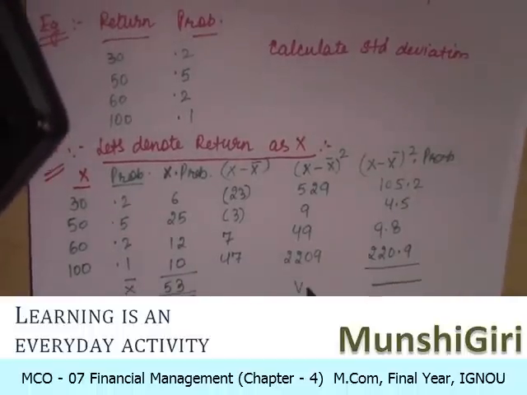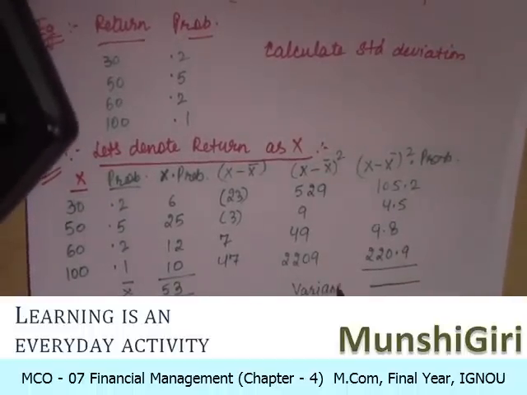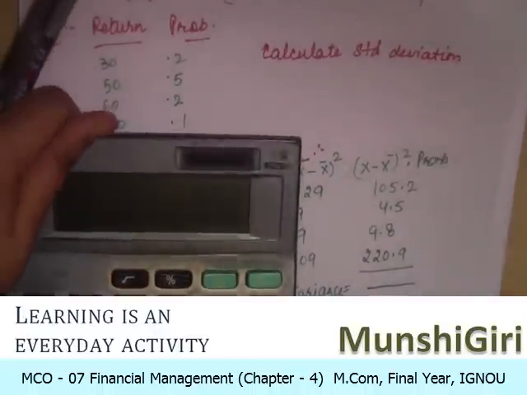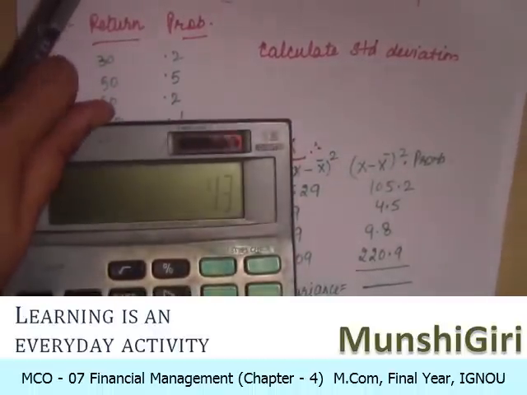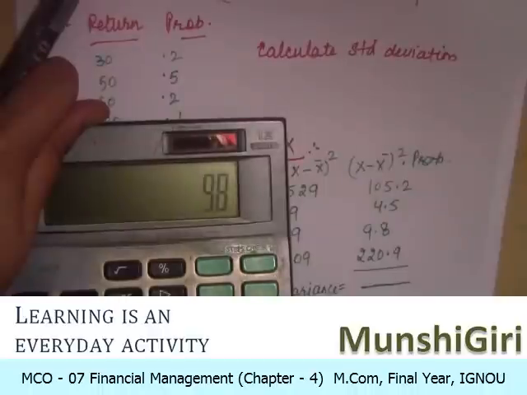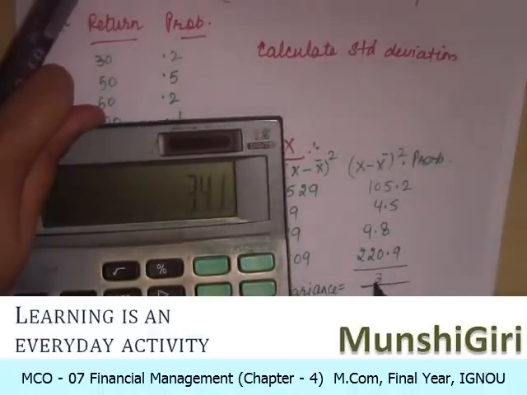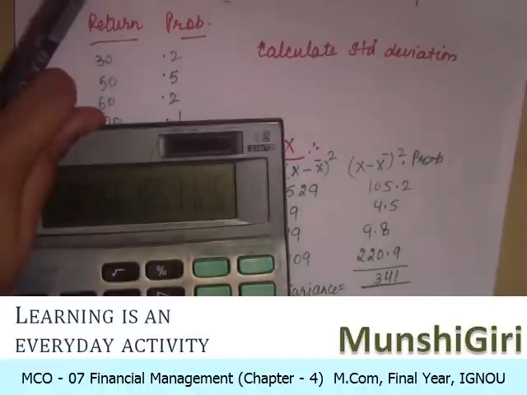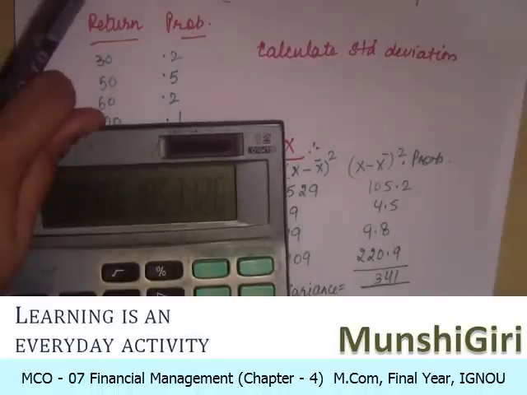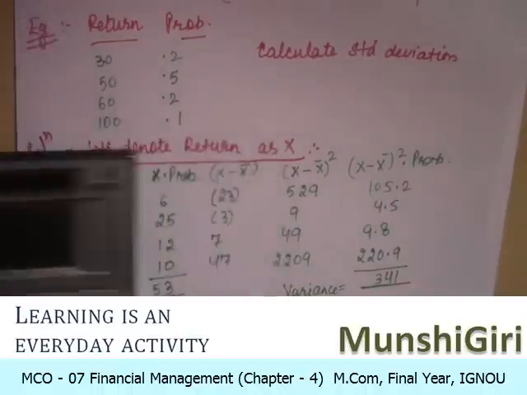This will be equal to the variance: 105.8 plus 4.5 plus 9.8 plus 220.9, 341. And under root this is 18.46 or 18.47.